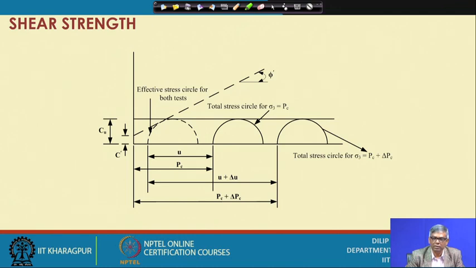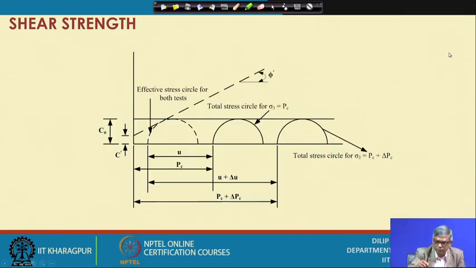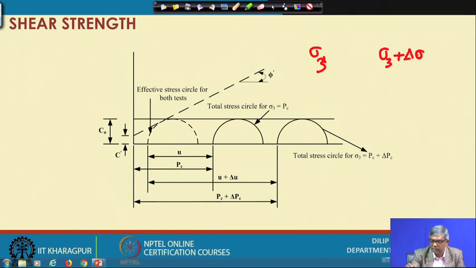If during the undrained test you measure the pore pressure and convert to effective stress, we can see and prove that whatever the confining pressure, suppose one is sigma 3, the next one is sigma 3 plus delta sigma, like that different values of sigma 3 we apply, and at each stage if you measure the pore pressure developed before failure and subtract it from sigma 1 and sigma 3, then you will get only the same circle. The diameter of the circle will not change.